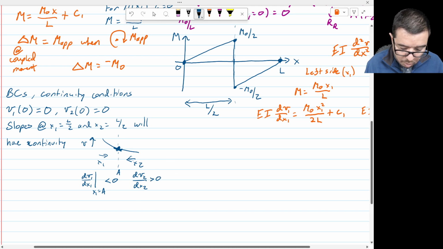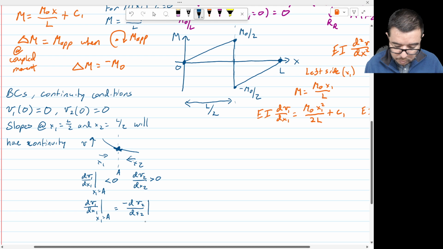And more formally, even though we don't know exactly what the quantity is, we can say that they're of equal magnitude but have opposite sign. I guess I can make that a little more formal.